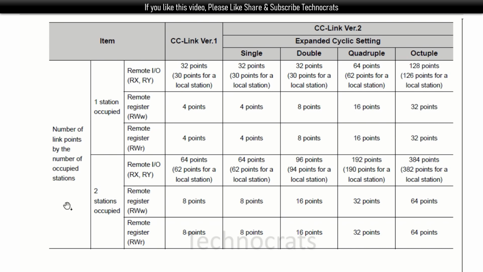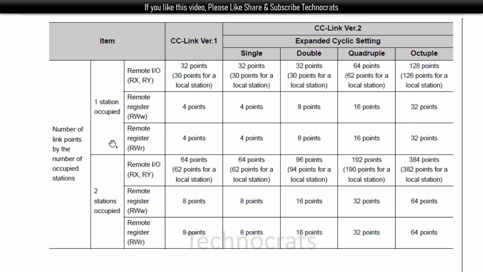So moving on, a device can be, as I said before, a remote IO, intelligent device station or a local device station. So a slave station can occupy 1, 2, 3 or up to 4 stations, and one station, I am talking about version 1 only.